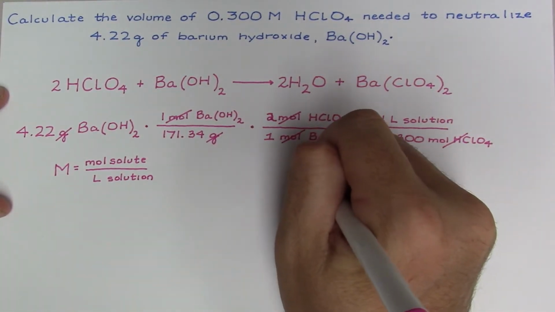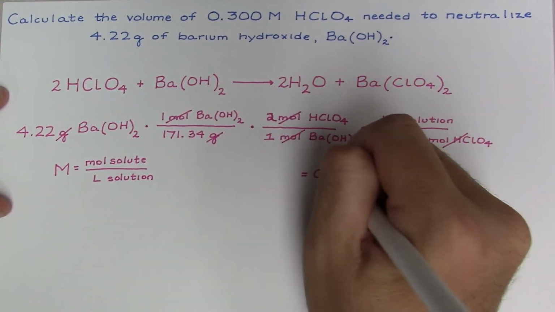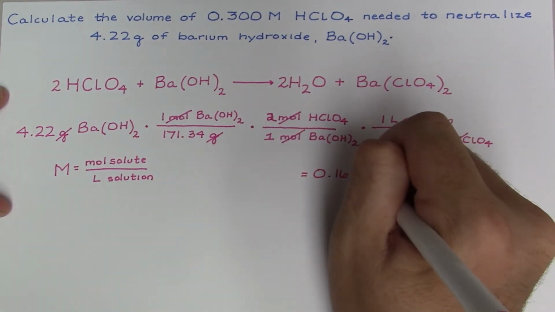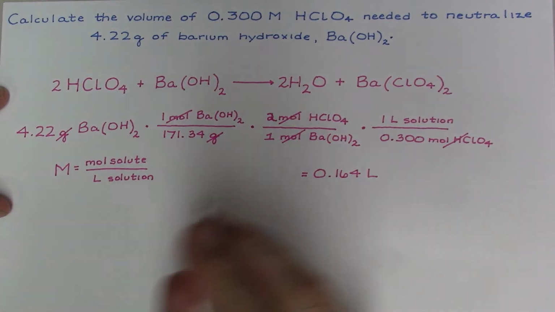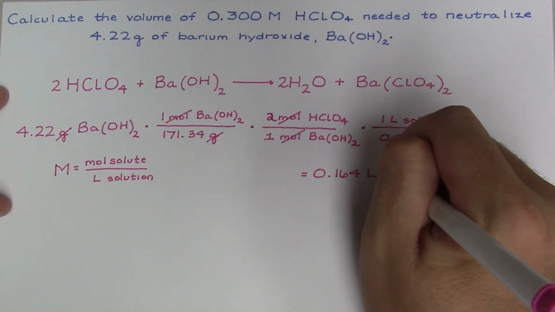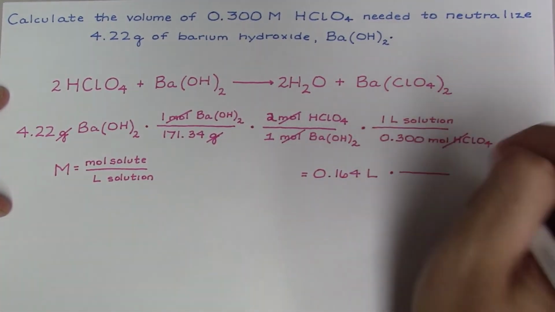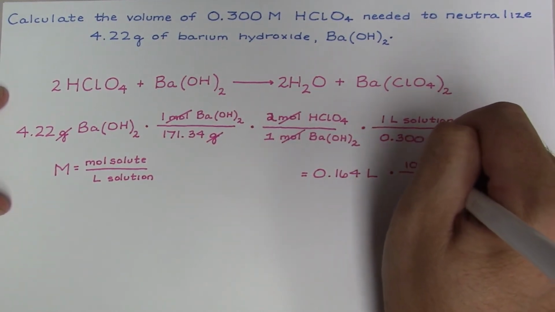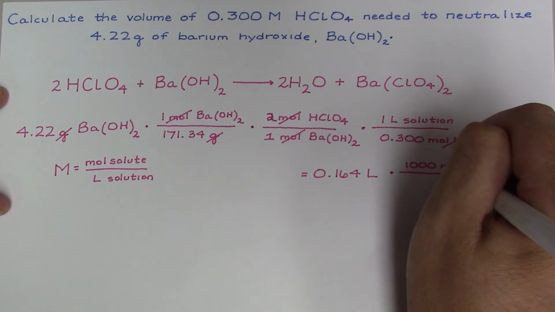If we put all of this into our calculator, you will get a value of 0.164 liters. But it is best for us to state that there are 1,000 milliliters in 1 liter.